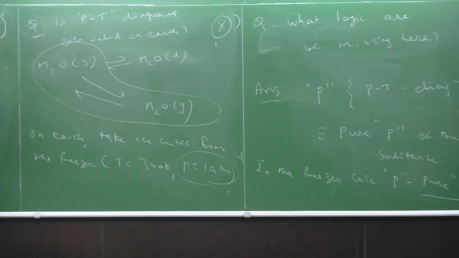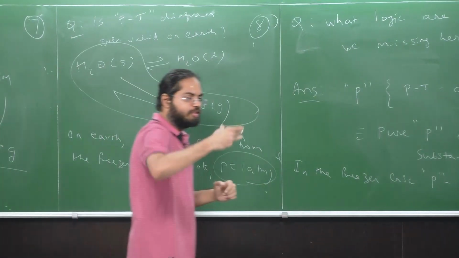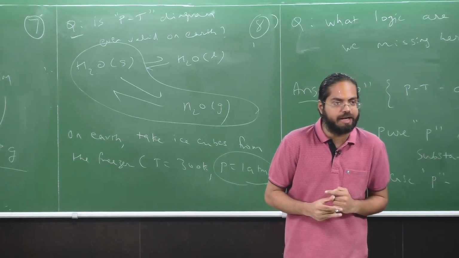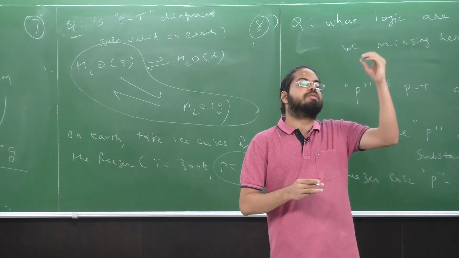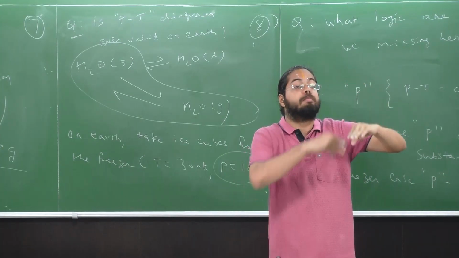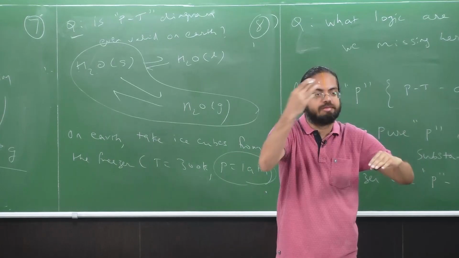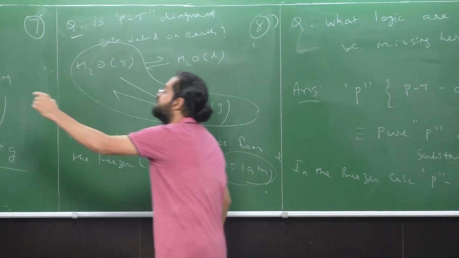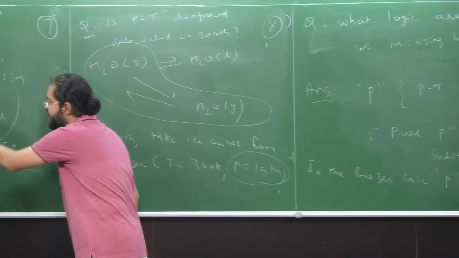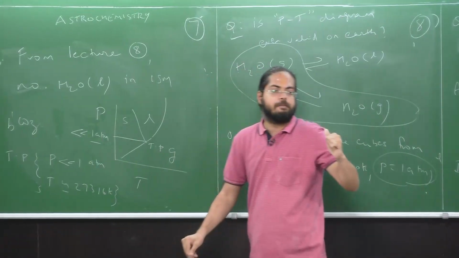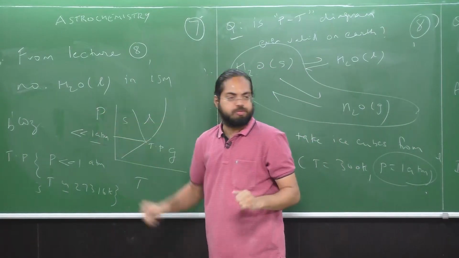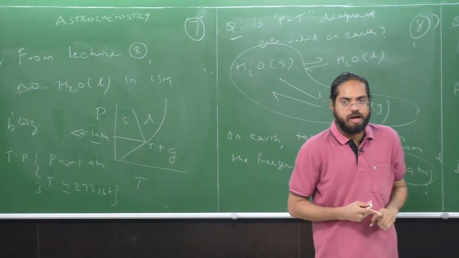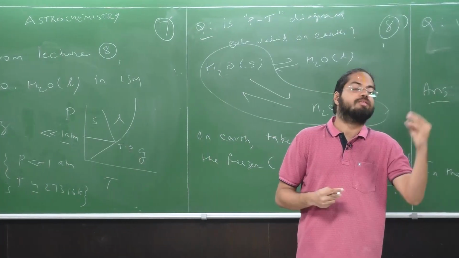So the presence of other gases ensures that the pressure exerted by water vapor is only a partial pressure amidst all other gases, whereas this diagram is valid when we consider only the pure pressure of the substance. Are we clear? It looks to be a subtlety.